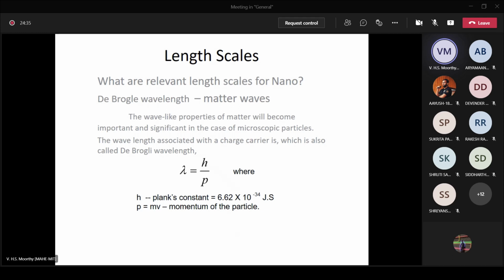If you take metal and electrical conductivity, what are the charge carriers in metals? Electrons are the charge carriers. What is electrical conductivity? Electrons move from one place to another place in the given sample. So electrons are moving in metals.